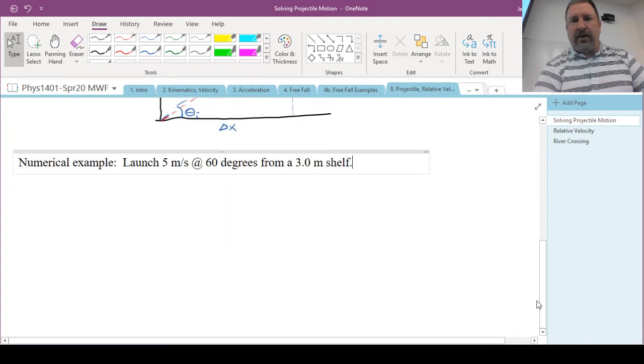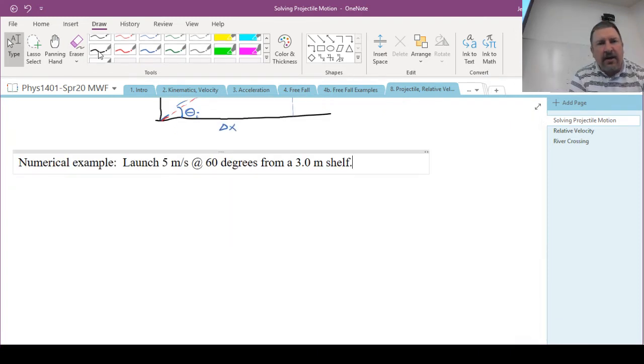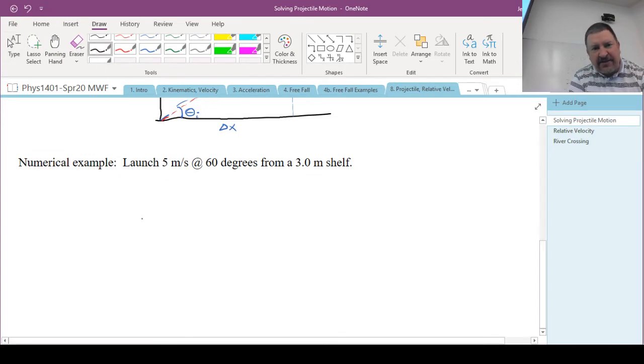Whoops, too far. So then, to draw this, I need to give myself a little headroom at the top of the drawing. Here's our shelf, and then here's our launch, which is fairly straight up. There's our trajectory.